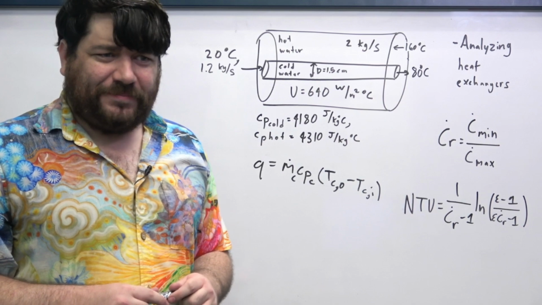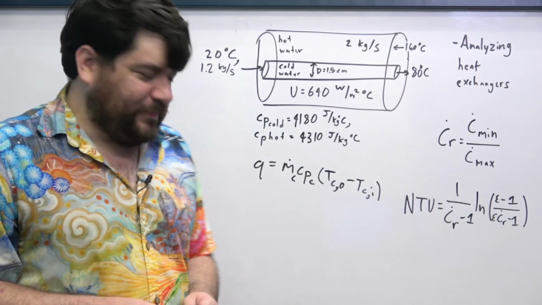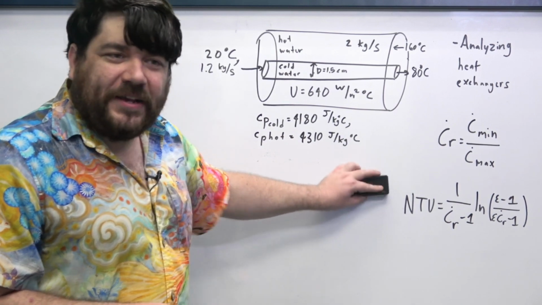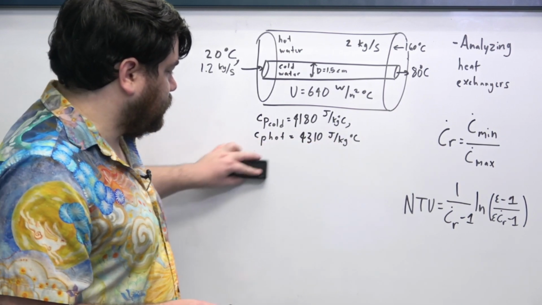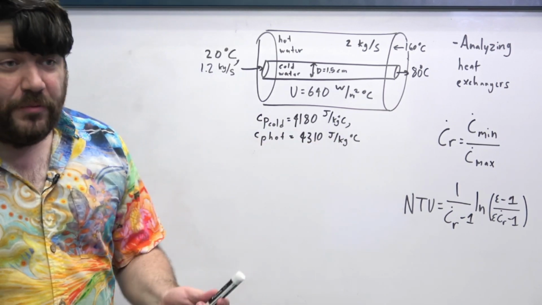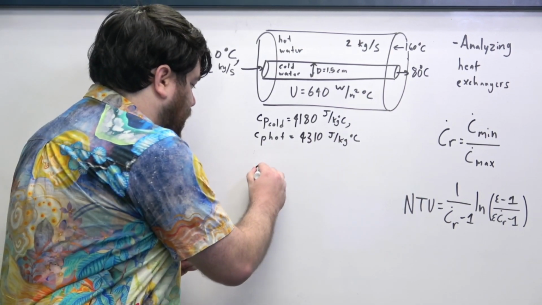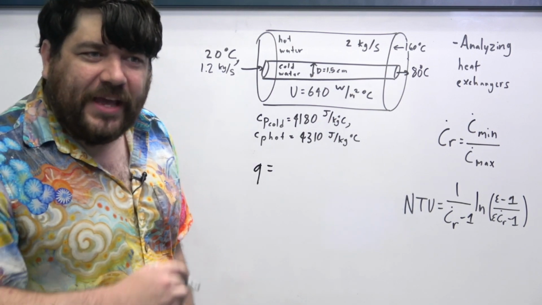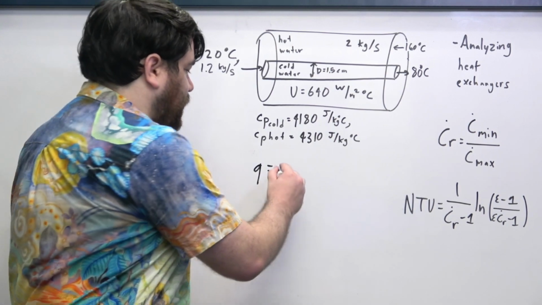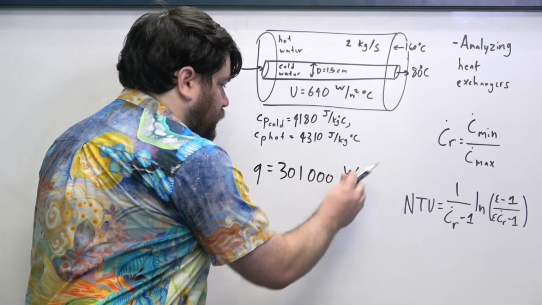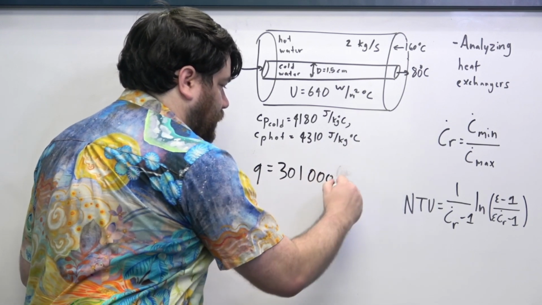So given that this is the case, we just have to multiply. And when we do the actual multiplication, skipping actually writing down the values, we wind up getting that the net heat transfer rate through this heat exchanger is about 301,000 watts.